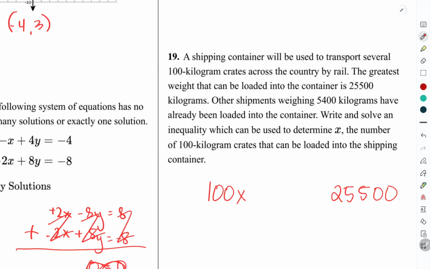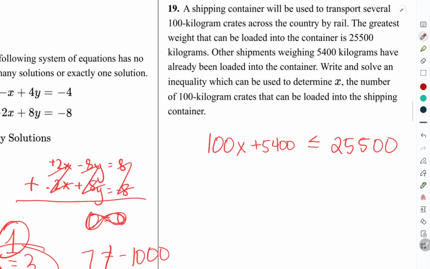Other shipments weighing 5,400 have already been loaded into the container. This is the greatest weight I could go, which means this has to be lower or equal. So less than or equal. Right, and solve an inequality. So from here, we're going to subtract on both sides.